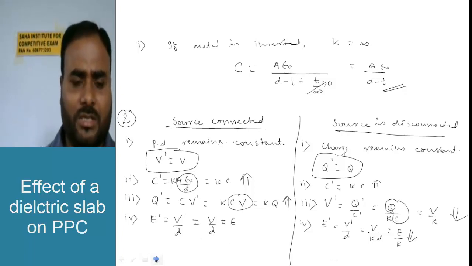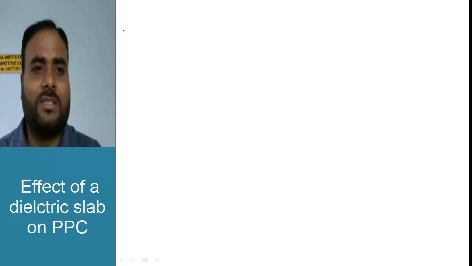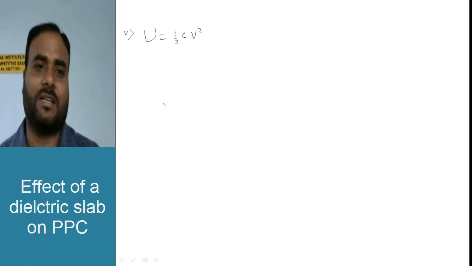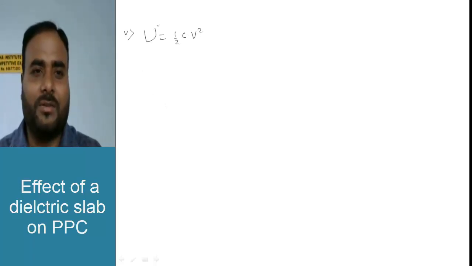Now we'll see how the energy stored in the parallel plate capacitor changes. We denote it by U, and we know it is given by half C V square. The new energy will be half of C dash and V dash square.